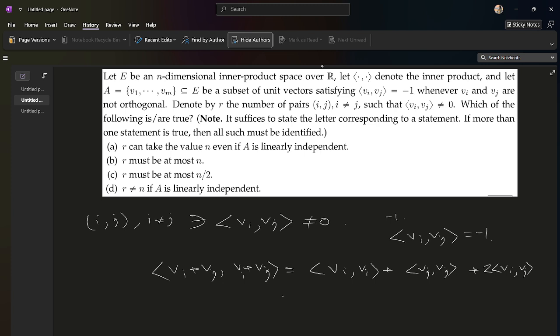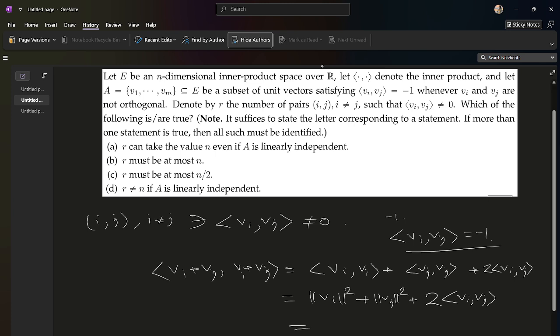Then we get norm of Vi whole squared plus norm of Vj whole squared plus 2 into inner product of Vi, Vj. And we know this is -1, and they are unit vectors, so that will be 1 squared plus 1 squared plus 2 into -1, so that is 1 plus 1 minus 2, which is 0.